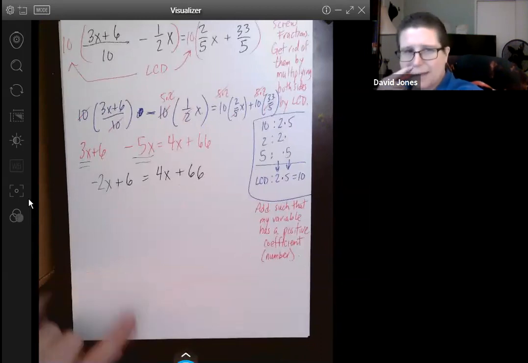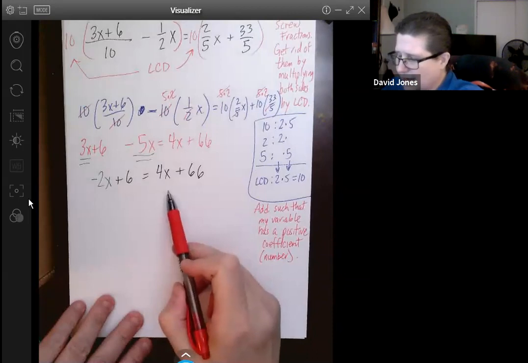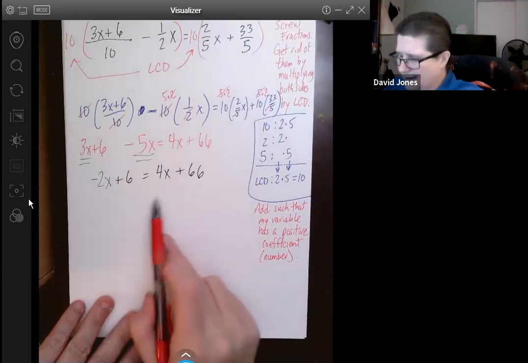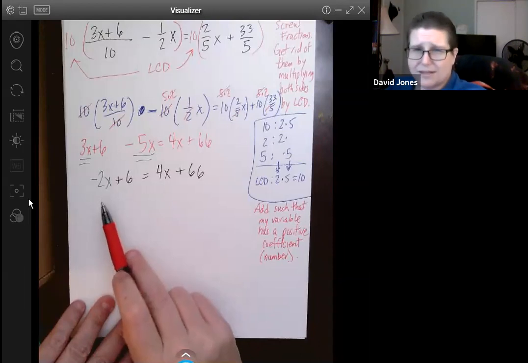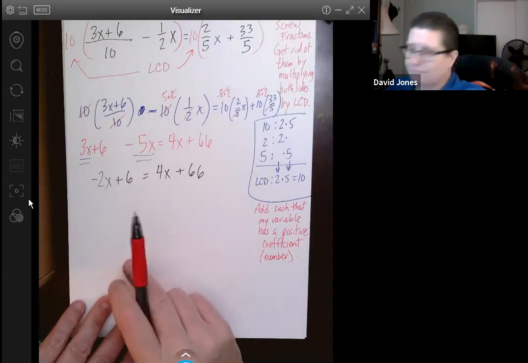So let's just think about it. If I subtract 4x from both sides, negative 2x minus 4x is going to give me a negative 6x. I don't like that. I will usually try to move the variables to the left. I like having the variables on the left also. But if it ends up with a negative number, don't do it.